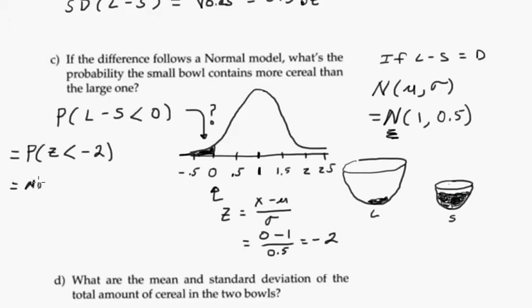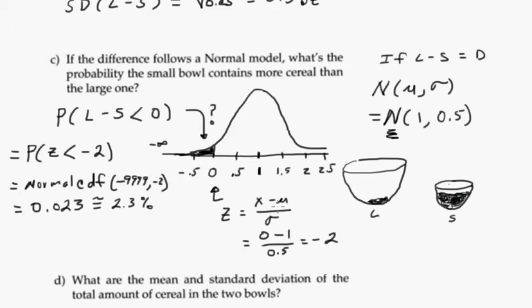So we could say normalcdf, and we want to go from negative infinity to negative 2. We'll approximate that by putting in a very large negative number and then negative 2. And that gives us about 0.023, or approximately 2.3%.